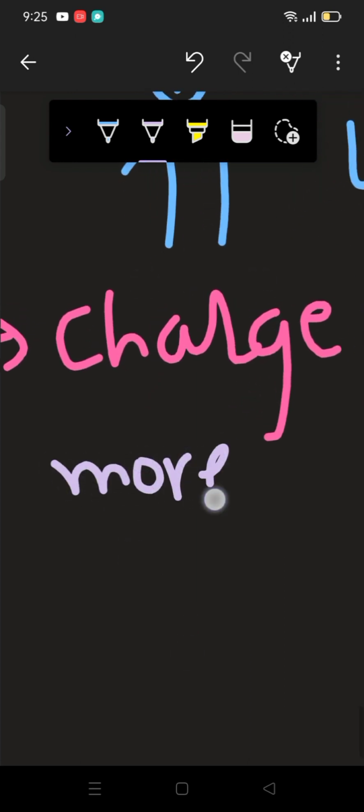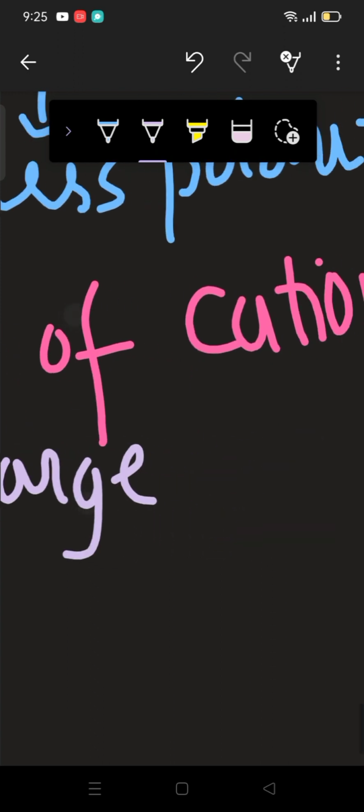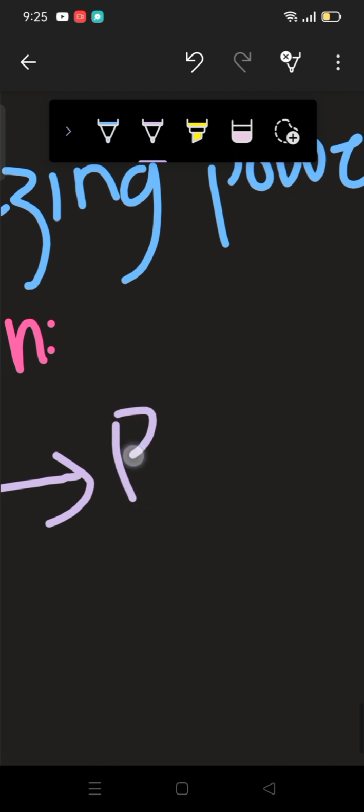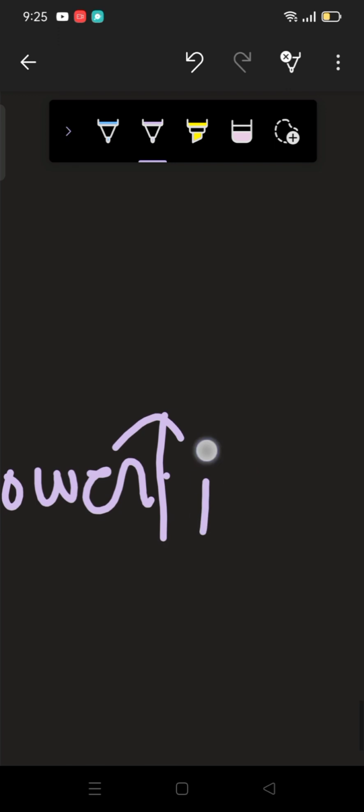So more charge, more polarizing power. Okay.